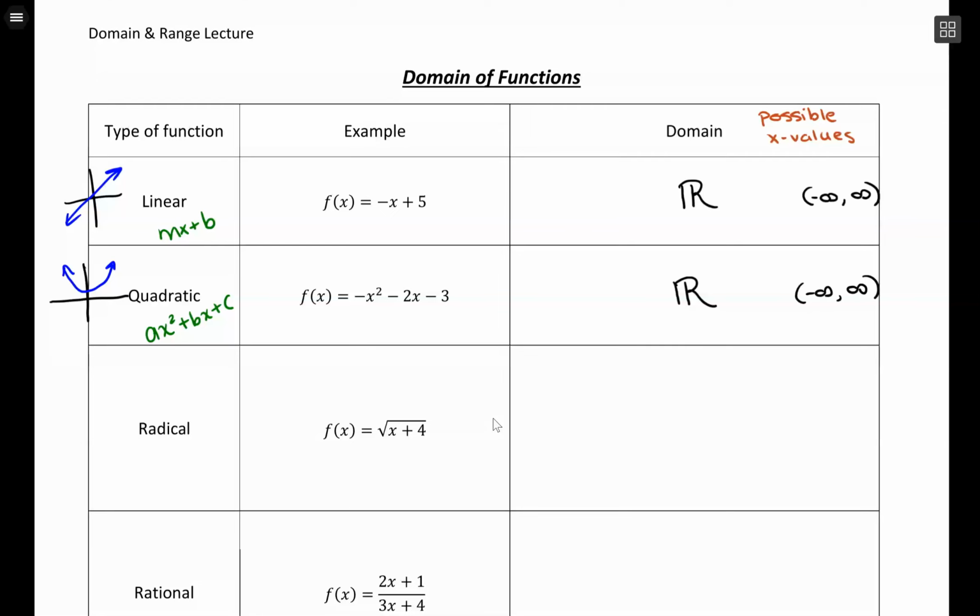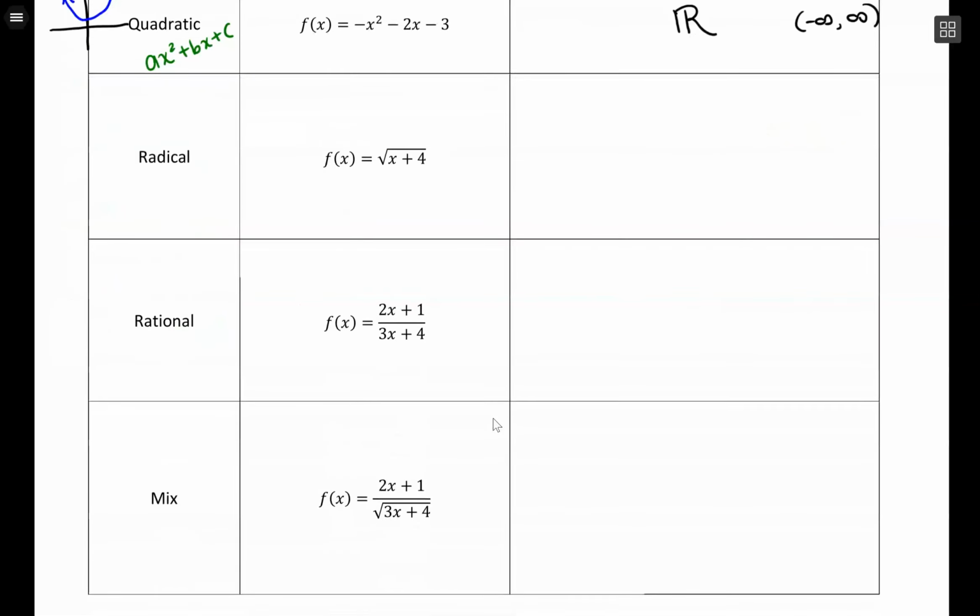Where it's going to get interesting are radical and rational functions, and when we start mixing those together. A radical function typically has a root. We're going to focus on the square root. In a general form, the shape looks like half of a parabola on its side.